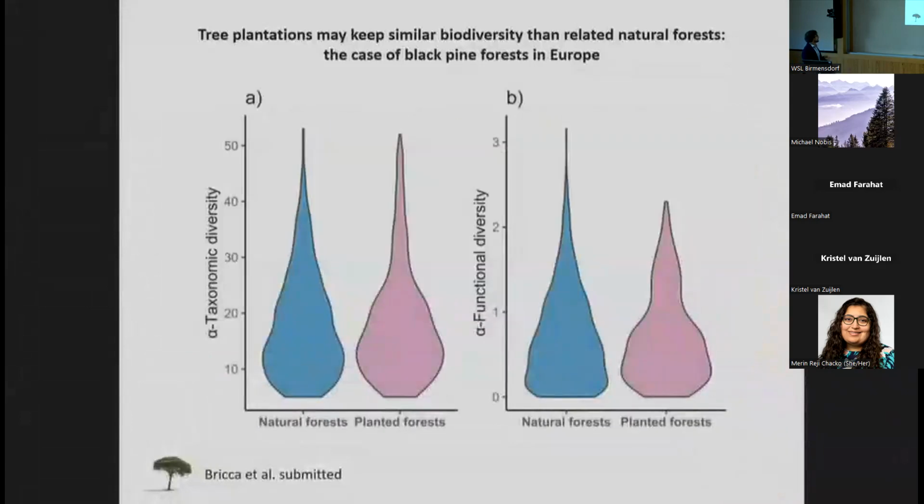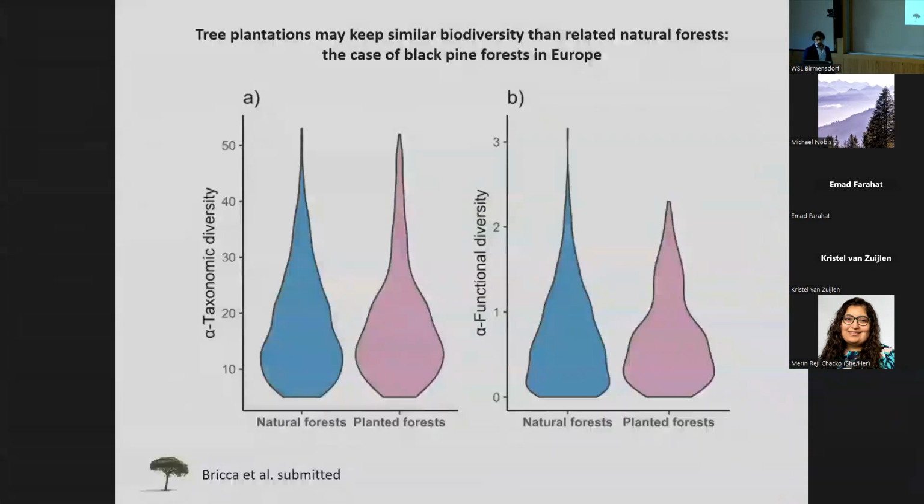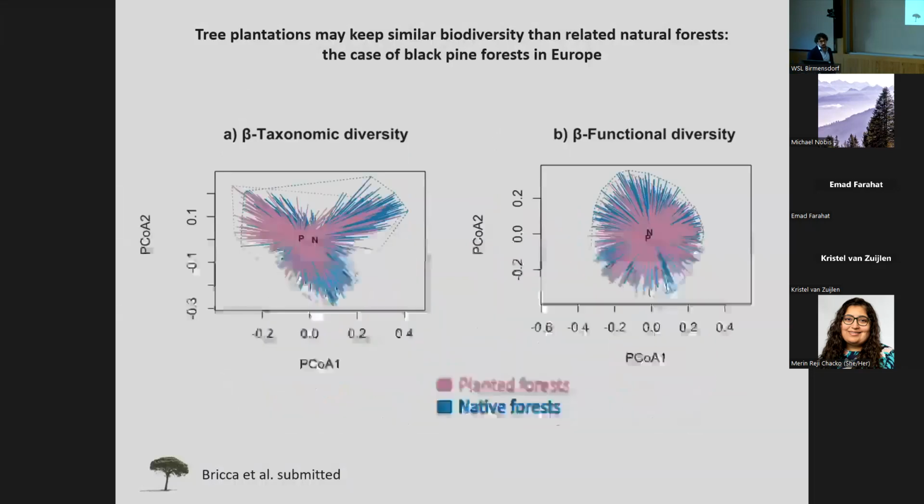This paper is under review, but I can anticipate what we found, and that is that alpha taxonomic diversity is basically the same between planted and non-planted Pinus nigra forests, while functional diversity is slightly different. And when it comes to beta diversity, instead, it seems that both taxonomic and functional diversity are pretty much similar in both planted and native forests.